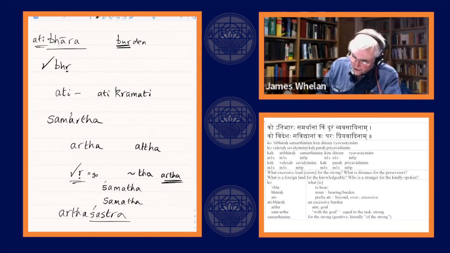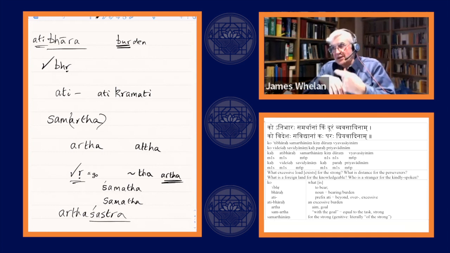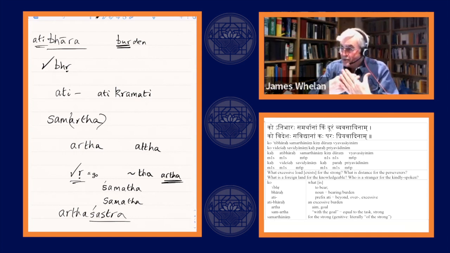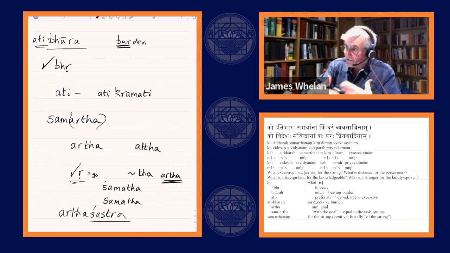Now, artha, the goal. If you're samartha, you're with the goal. In other words, you're equal to the task. And that's why in modern Hindi the meaning is successful, samart, you were equal to the task. You had a task, you had something to achieve, you were with it, you were equal to it, you could do it, therefore successful.